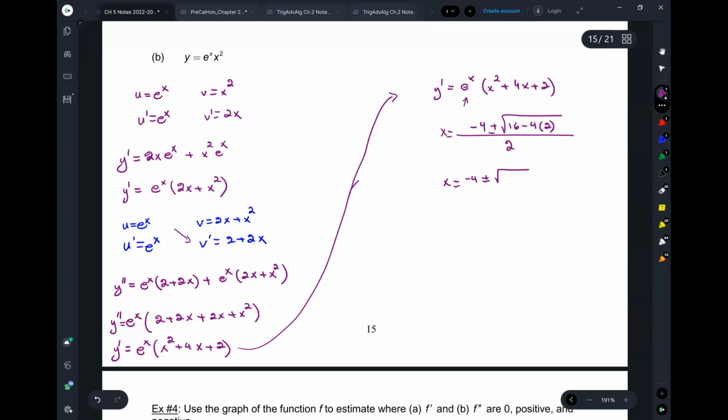What's 16 minus 8? 8 over 2. So negative 4 plus or minus 2 root 2 over 2. Okay, so now when you're here, you can divide everything by a 2. Negative 2 plus or minus root 2. Okay?